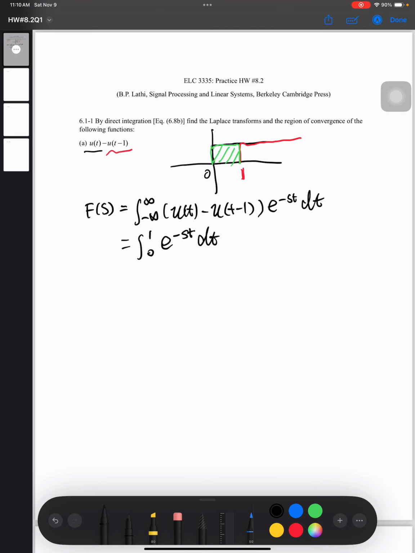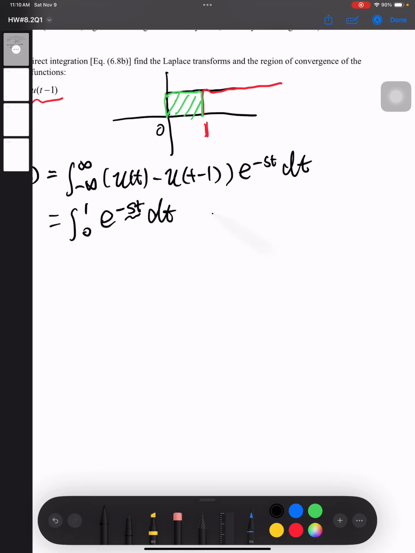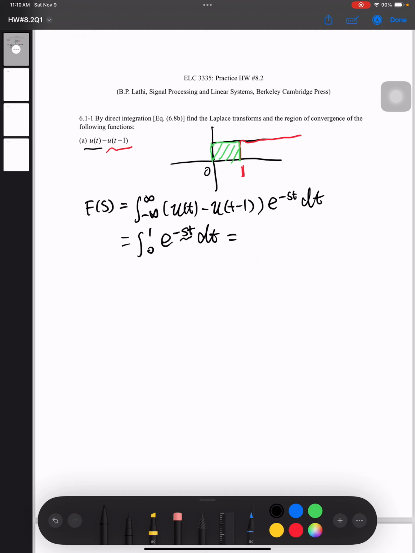No matter what the value of s is, this integral always converges. So we can simply get the integral of this equation, which is (1 - e^(-s))/s. And s can be any value; it converges if and only if s is larger than negative infinity, which means any value. This Laplace transform converges.